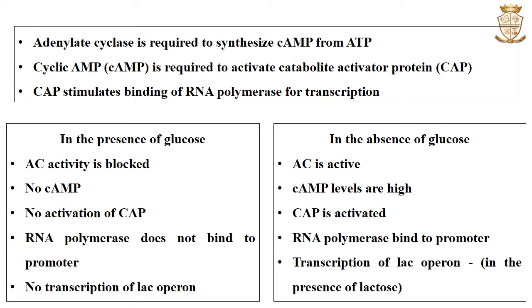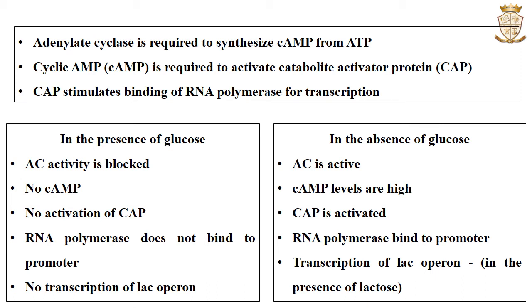The cyclic AMP is in turn required for the initiation of the Lac Operon transcription, since cyclic AMP is required to activate protein known as catabolite activator protein. This catabolite activator protein is required to stimulate the binding of RNA polymerase onto the promoter of Lac Operon.